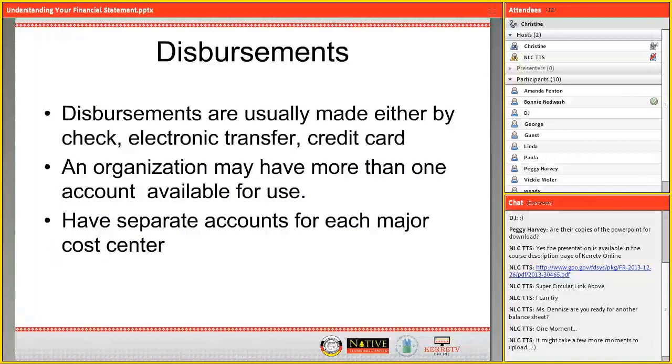You may have a lot of accounts available to use, but you should have separate accounts for each major cost center. Major cost centers: administration, payroll. If possible, you always want to have a separate payroll account.